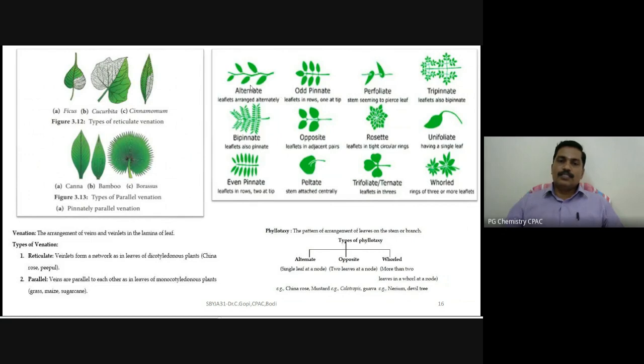See, the leaf is one above another, above another. Likewise, leaves are arranged one above one. That is called alternate arrangement. And if you find the leaflets in a row, opposite, opposite, continuously, that is odd pinnate.